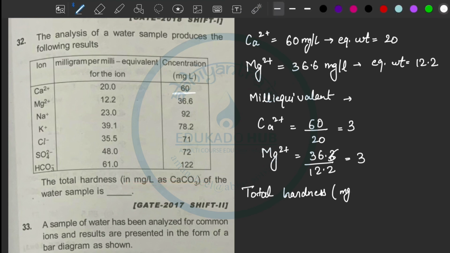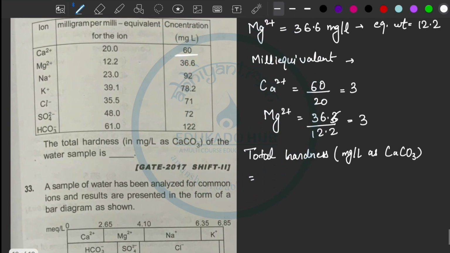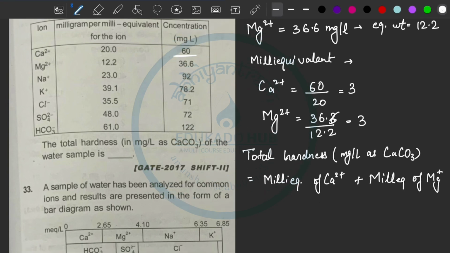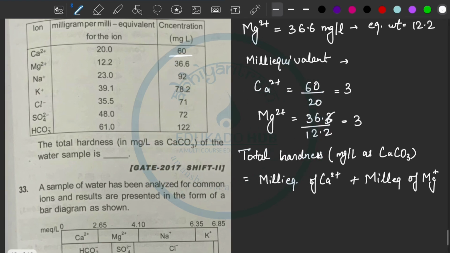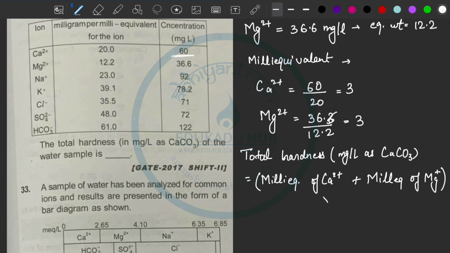It will be equal to the milliequivalent of calcium plus milliequivalent of magnesium, multiplied by the equivalent weight of CaCO3.